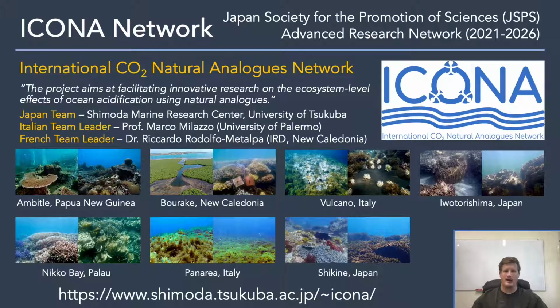This is a collaboration currently between Japan, Italy and France, in which we're looking to combine multiple CO2 seeps and natural analogues, and then we can hopefully carry out experiments to assess how generalizable these patterns in community and ecosystem responses are. So if you're interested in learning more about this network that we've set up, then I encourage you to visit the website linked on the page at the bottom.